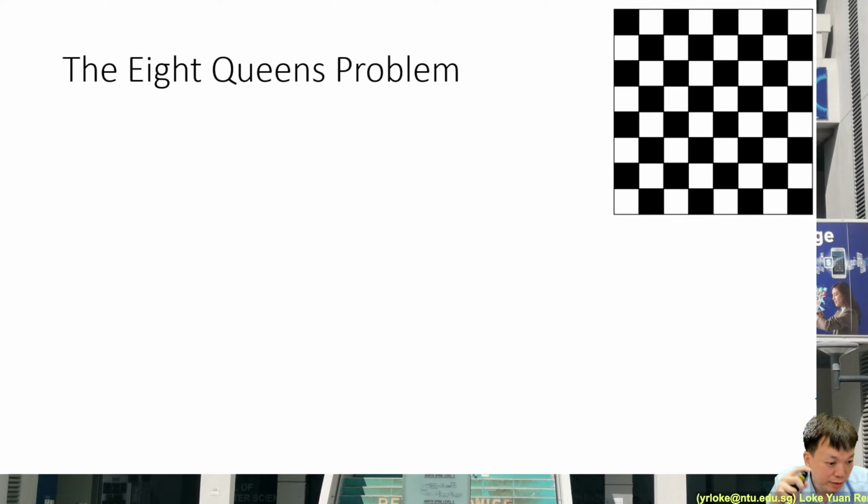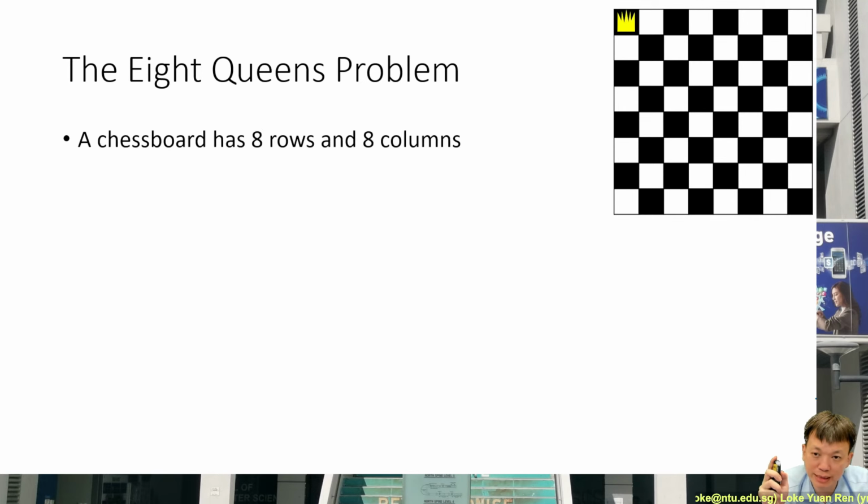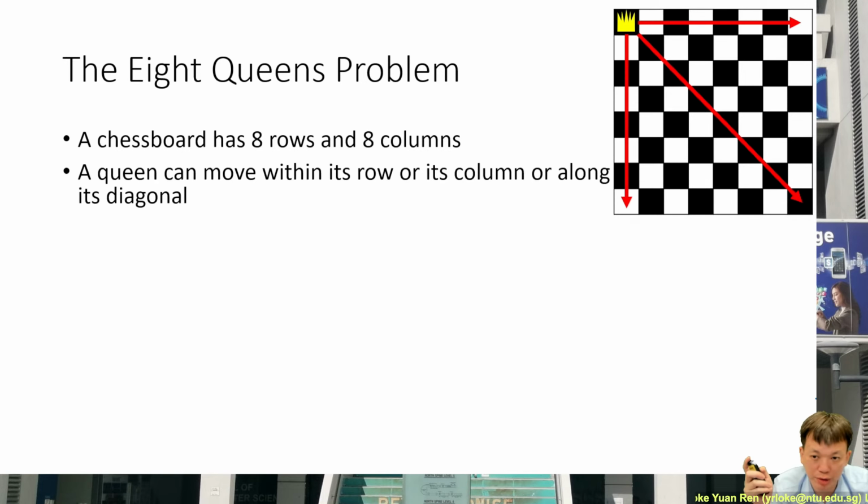Okay, before I end, let me quickly give you some idea about the 8-queen problem. I will talk about the details on Wednesday. The 8-queen problem is trying to put 8 queens on this 8x8 chessboard. Then you need to ensure that no 2 queens can attack each other.